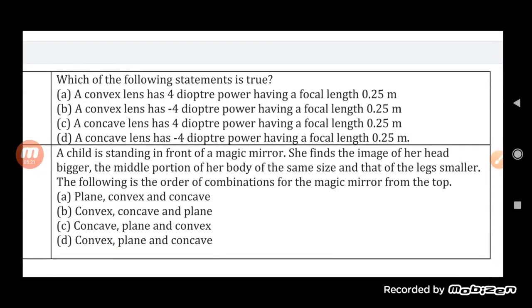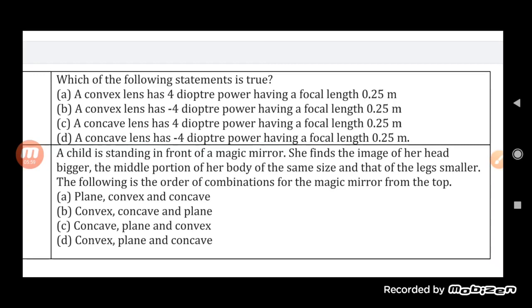Now, which of the following statements is true? A convex lens has 4 diopter power having focal length 0.25 meter. A convex lens has minus 4 diopter power having focal length 0.25 meter. A concave lens has 4 diopter power having focal length 0.25 meter, and a concave lens has minus 4 diopter power having a focal length of 0.25 meter.